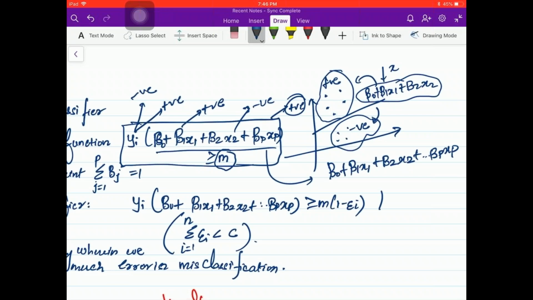Whenever I put a point here, I basically get the distance of that point from this line. And I say that for all the training points, this distance should be greater than m. So what is m? m is this part.